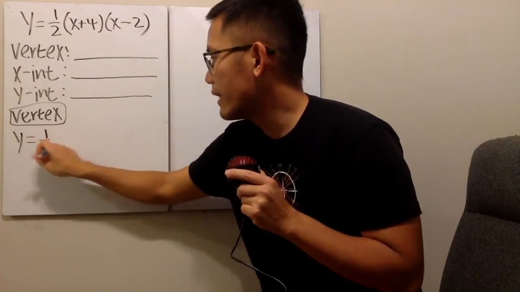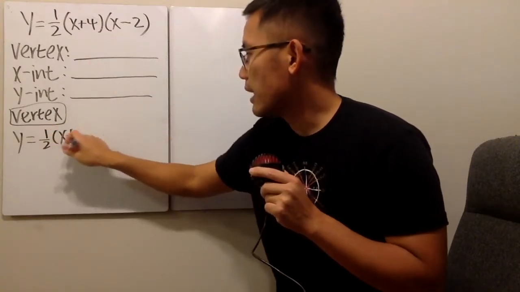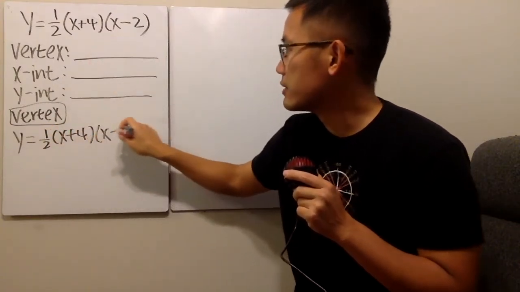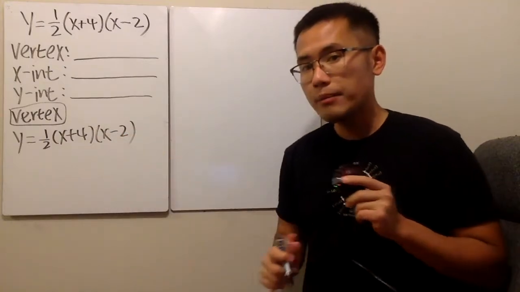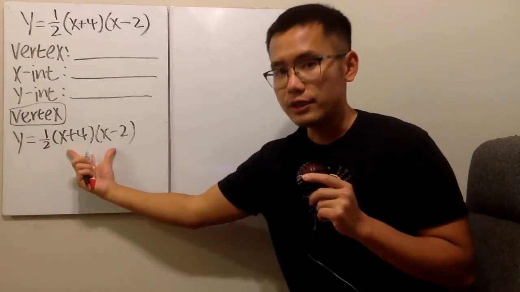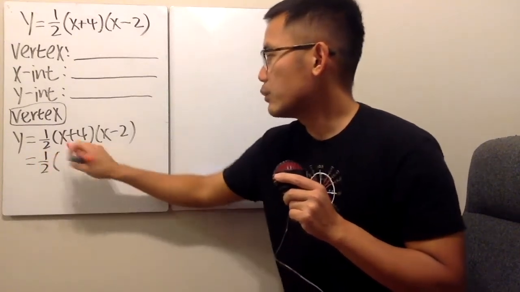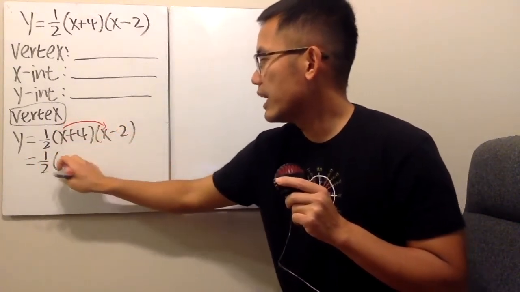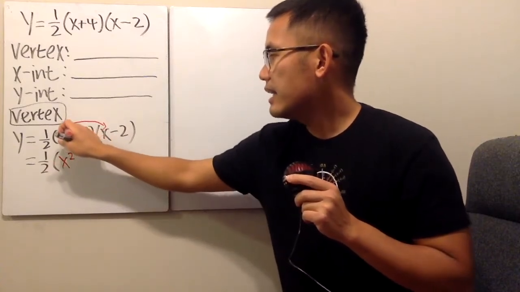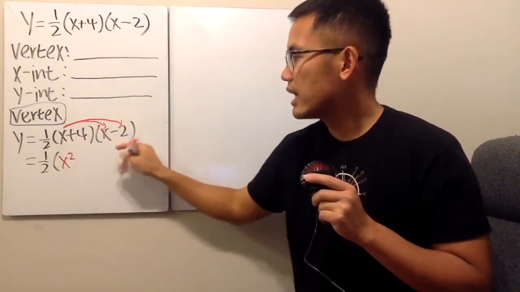y equals 1/2 times (x plus 4) times (x minus 2). And I would recommend you multiply this out first. We have the 1/2 in the front, just keep that. Then this times this, we get x squared. And this times this, we get negative 2x.